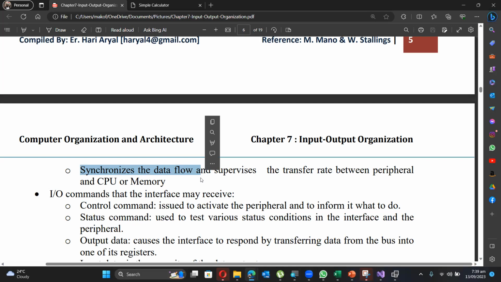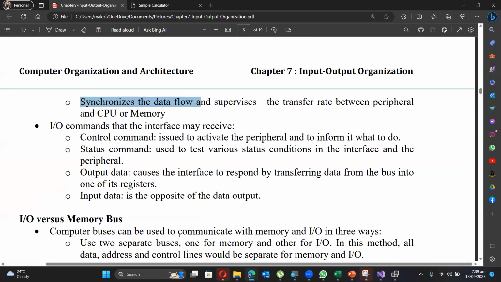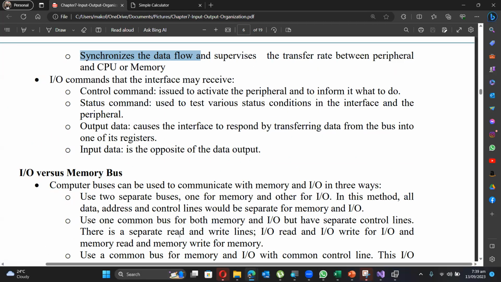Now, what are the I/O commands that the interface may receive?